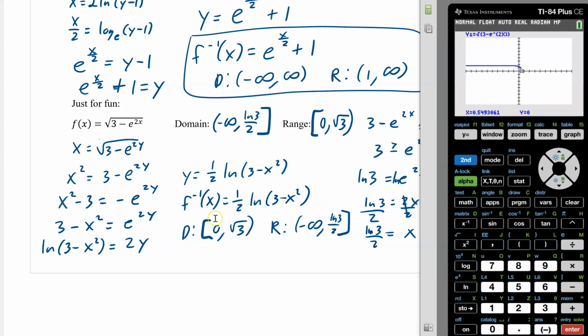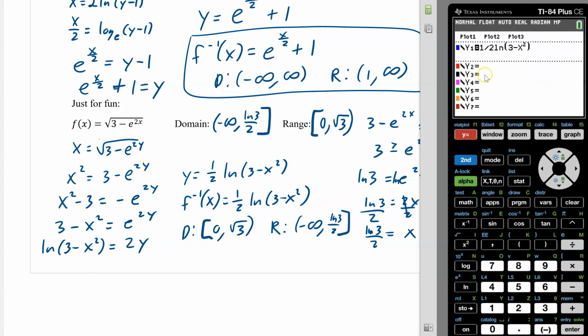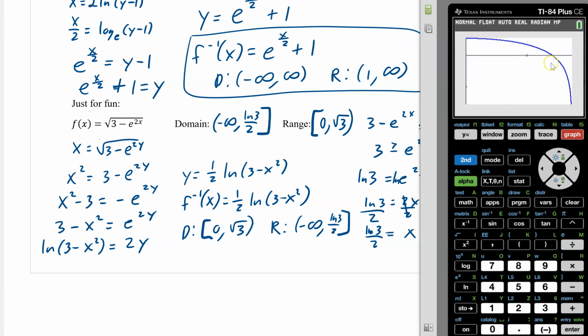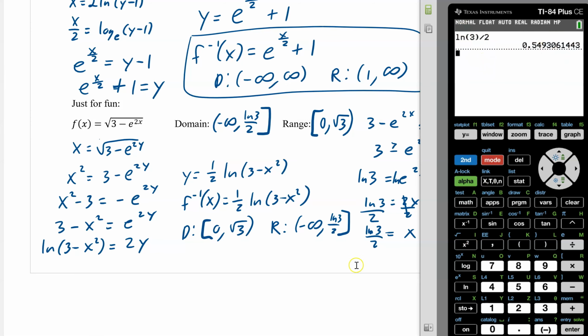Those two are included. And if I plug in the inverse, and I graph it, I end up with this graph, which is our mirror image. But again, if I plug in that 0, you see I'm getting the ln of 3 over 2 here. If you plug that in your calculator, you can verify that. Right there, ln of 3 over 2 is that.